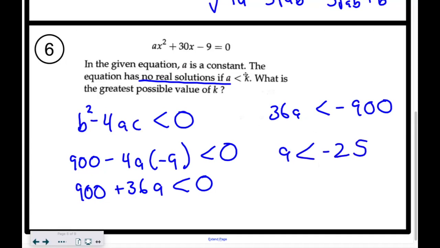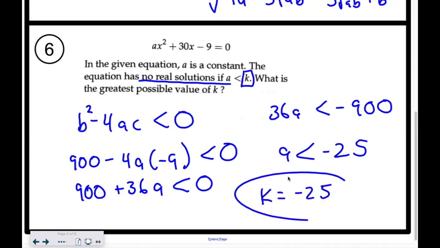So notice that K would have to be -25. Now, the wording is a little strange, but just focus on the A is less than K part. They want the greatest possible value of K so that the equation has no real solutions. If K were any number greater than this, like -24, that wouldn't be true, because A has to be less than -25 for there to be no solution.